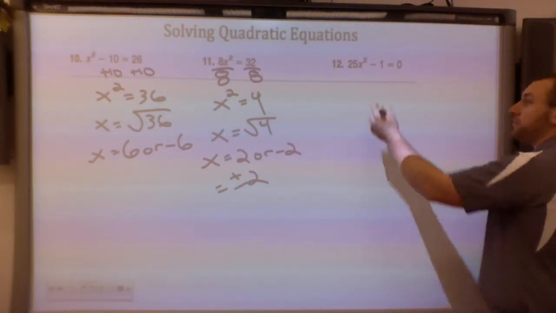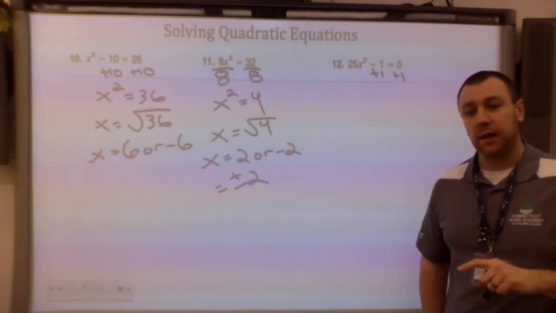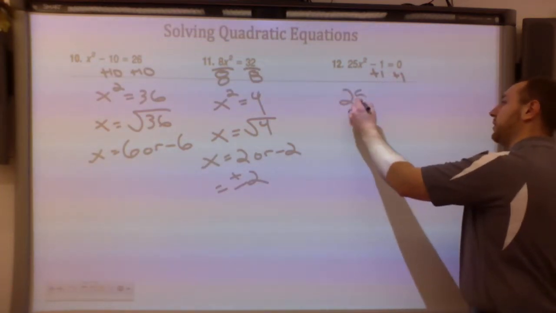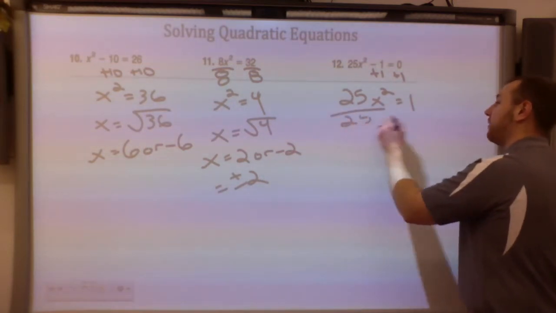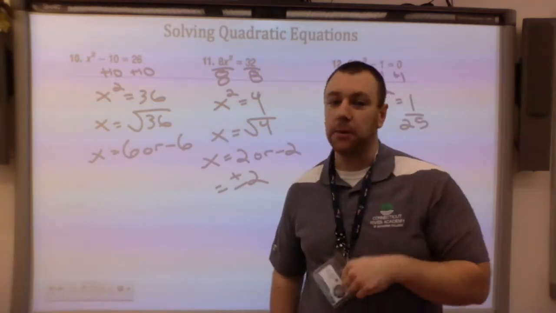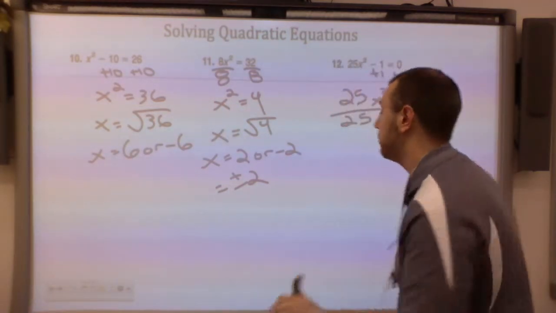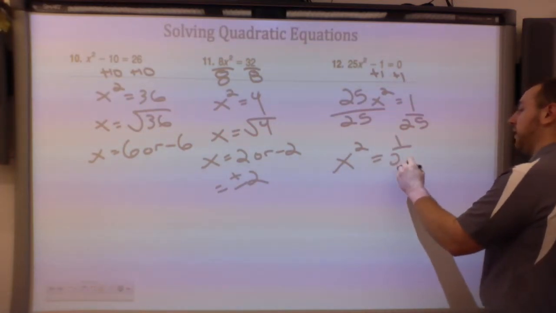For this one, I want to go through. Again, we're isolating the x squared. So we get 25 x squared equals 1. I divide by 25. So many people have the habit, you guys want to create a decimal. Decimals are not going to help you here. X squared equals 1/25.